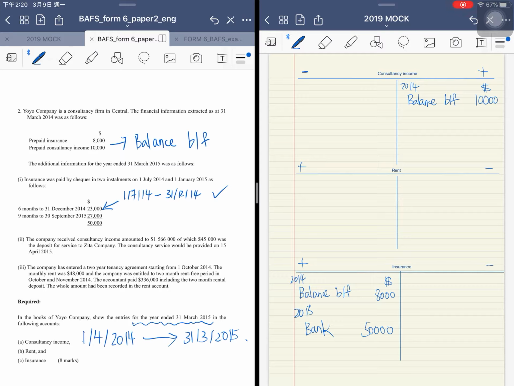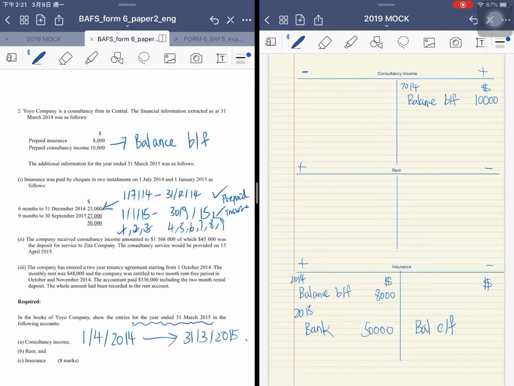But for the $20,000, we only include from January to March. From April to September, it will be our prepaid insurance. So we have to make a balance carried forward, which is the prepaid insurance.